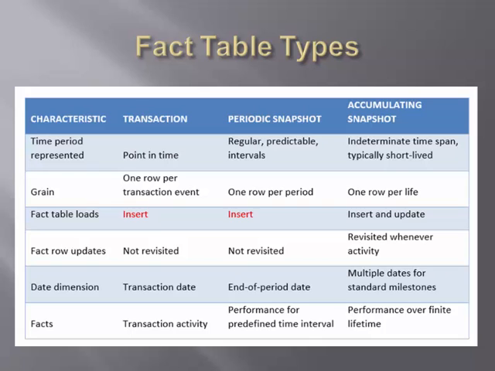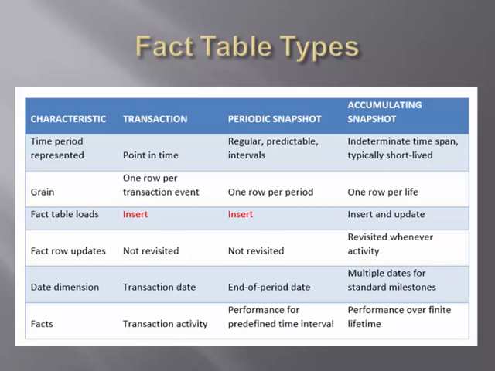The figure illustrates a clear description of each type of fact table and its characteristics. For example, a transaction fact table has a time period of one point in time, whereas periodic snapshot would have regular intervals, and accumulating snapshot would have a time span, but typically short-lived.